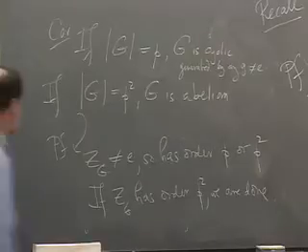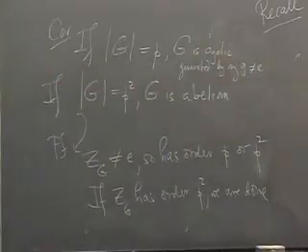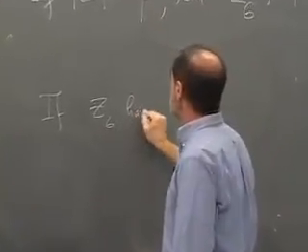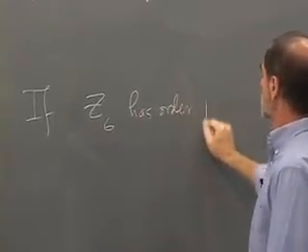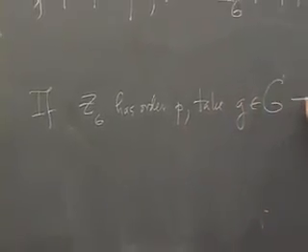if the center of G has order p, take an element g in G which is not in the center.